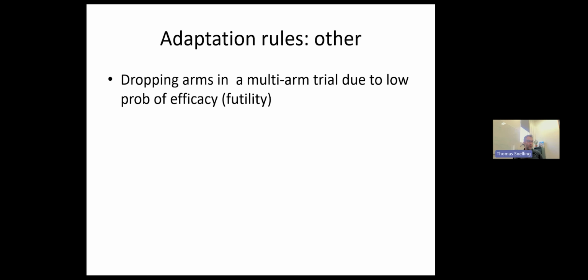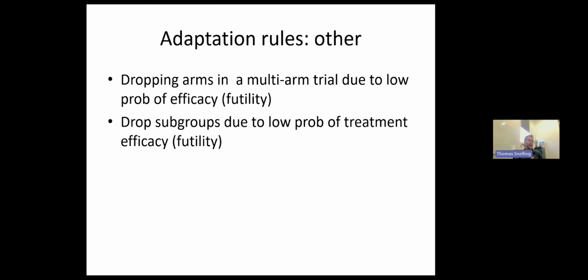In terms of other adaptation rules, there are often rules around dropping arms. So this is where you have a multi-arm trial, typically, where the trial can continue, but if you have a particular arm or intervention that is clearly not going to be better than the control, or is clearly not going to be the best arm, you want to drop that arm for futility so that you can focus your enrolment on arms that are looking more promising.